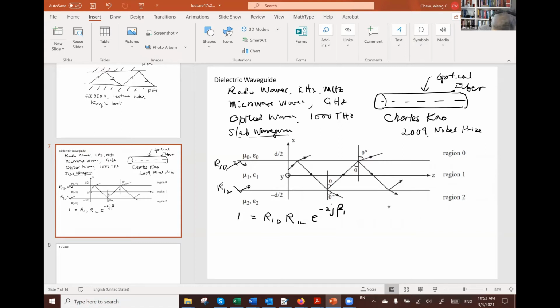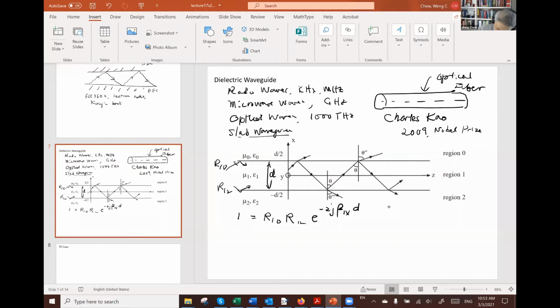And let's assume that the transverse phase is changing in such a manner that after the wave bounces 2 times around, the total phase that it accumulates is given to be that, okay? And it has to become itself. Whereas D, as you can see from this picture, is the thickness of the dielectric slab.